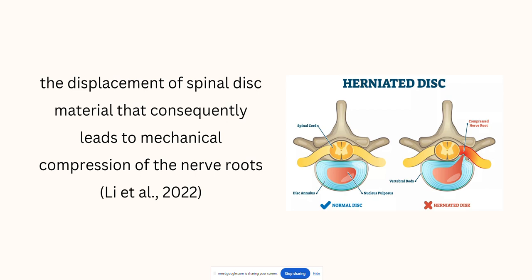So, in easy understanding, it's defined as the center of the intervertebral disc protruding through the annulus fibrosus, the ring of the vertebral disc, and herniating and compressing the nerve root or the spinal cord.